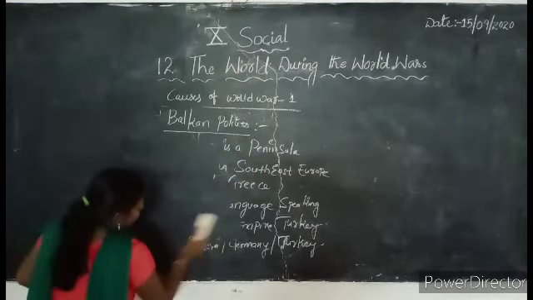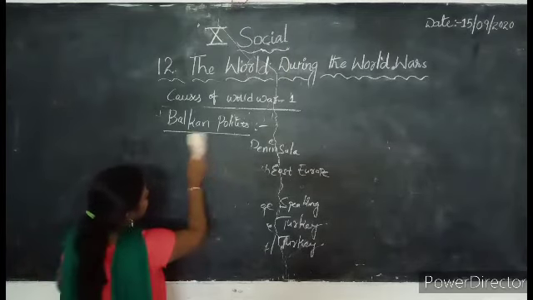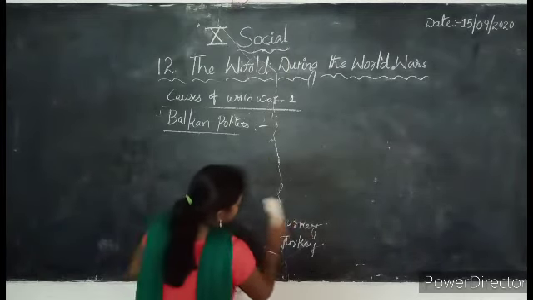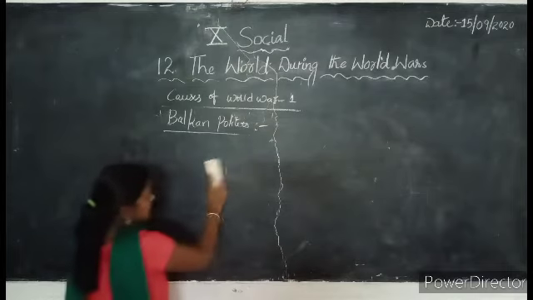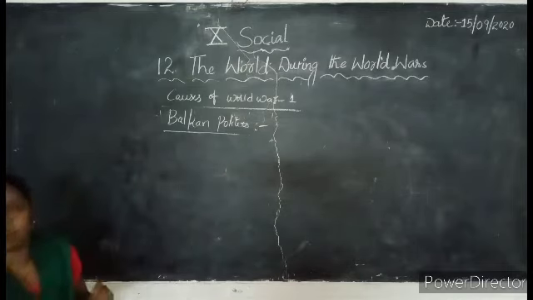The states which are located in the Balkan Peninsula are very small kingdoms. They are not large kingdoms, but very small kingdoms.